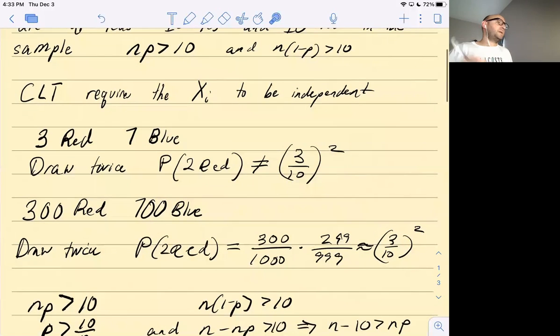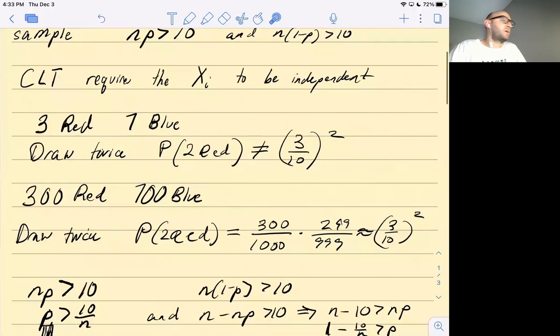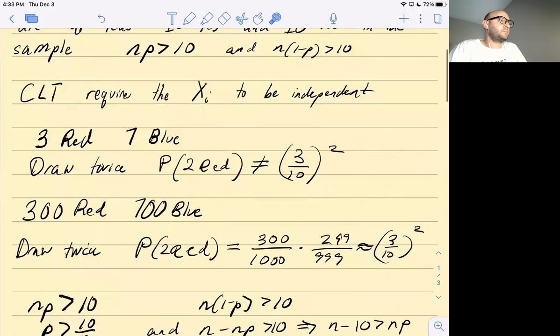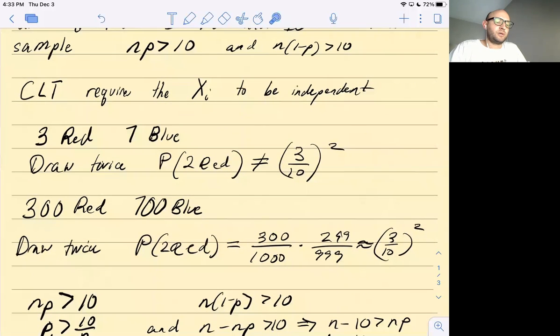So this won't be an accurate way to do it, but it will give you at least the lower bound, a high probability of being within a region near the sample proportion if you do this.